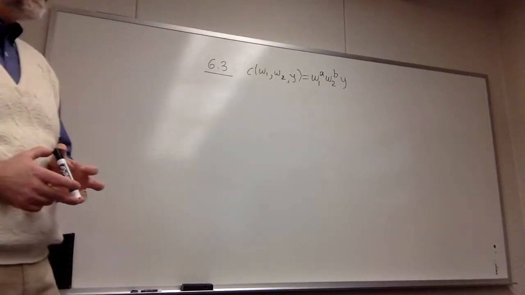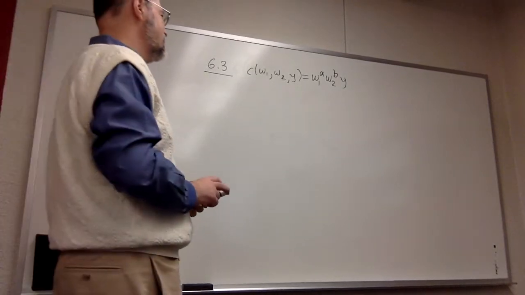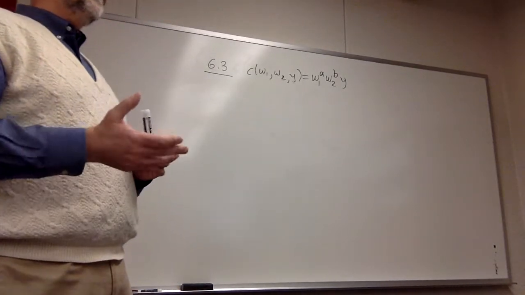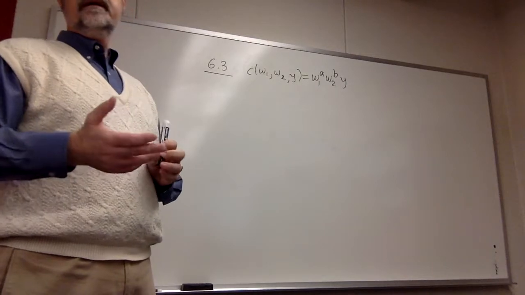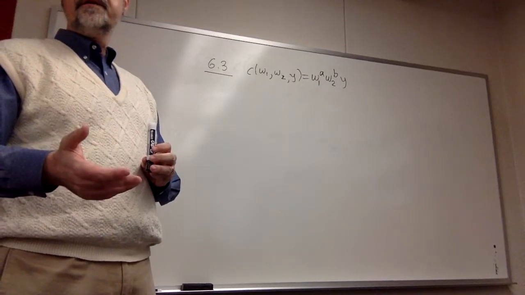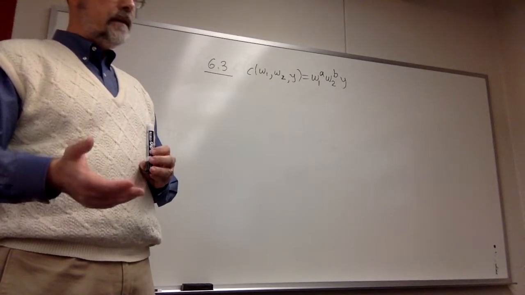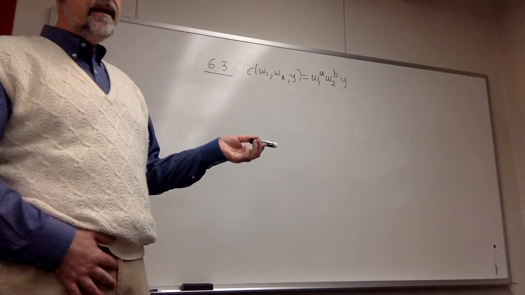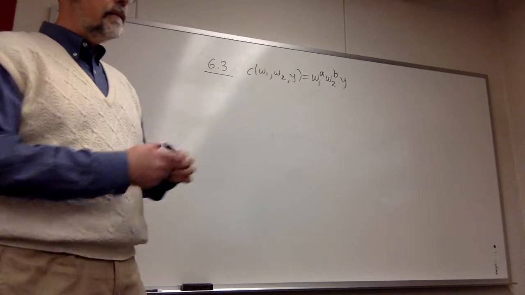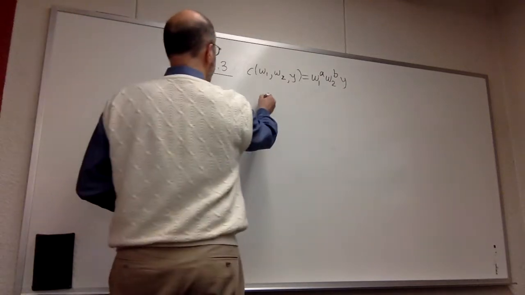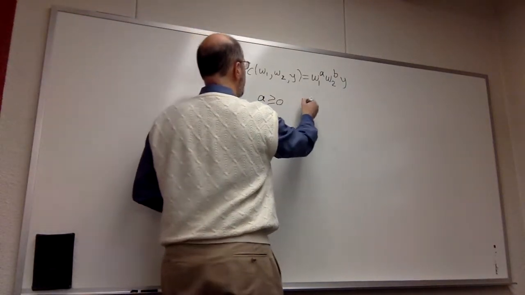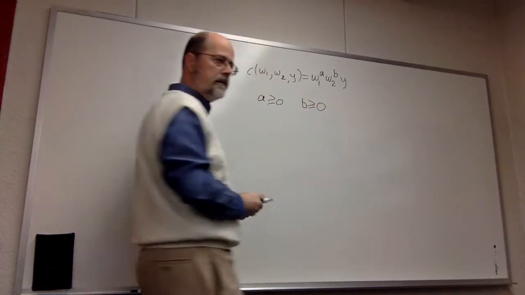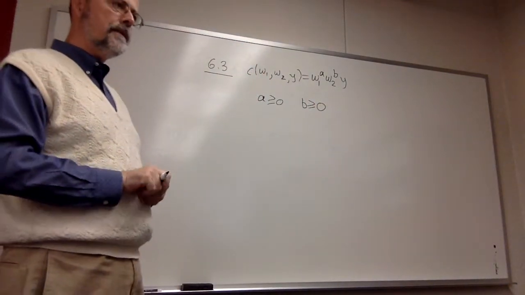Yes, in factor prices. Okay, excellent. So, from the property that says the cost function is non-decreasing in the W's, we immediately see that A cannot be negative, right? And B cannot be negative.